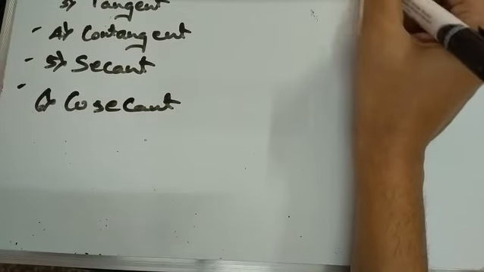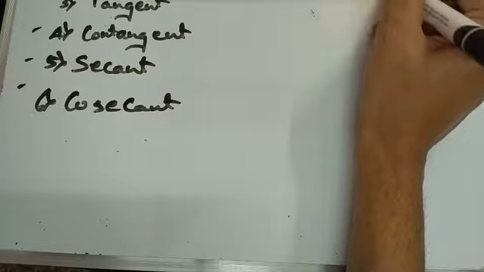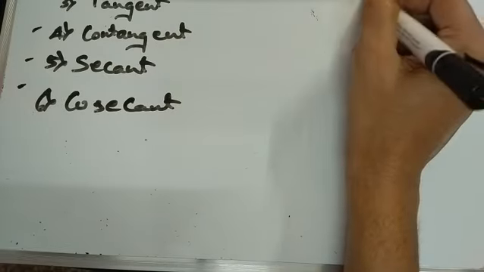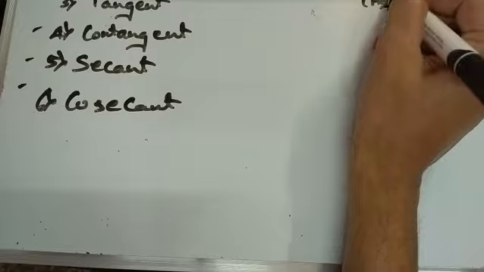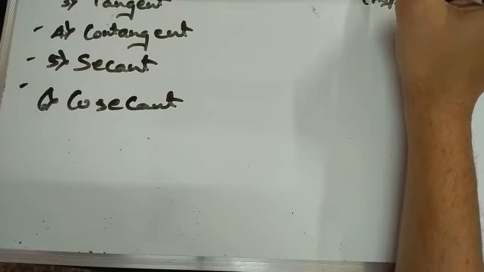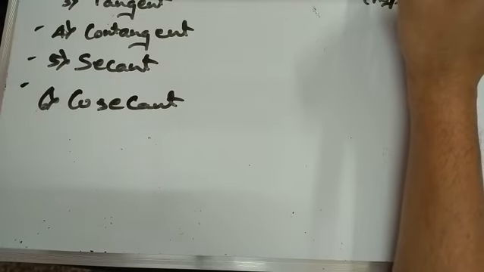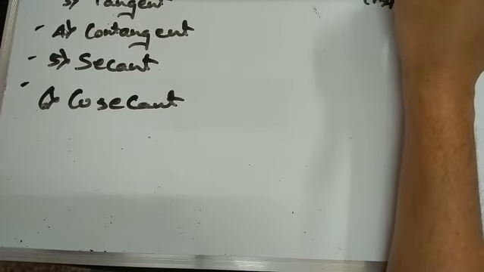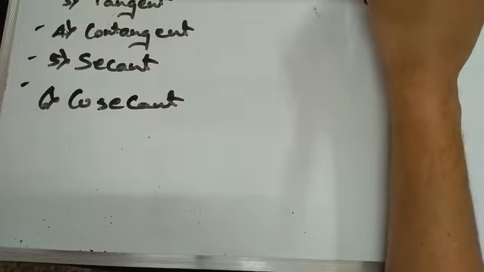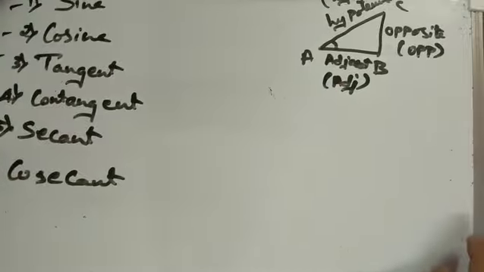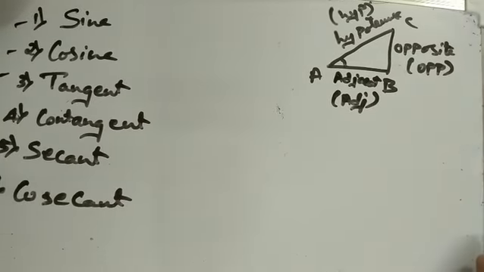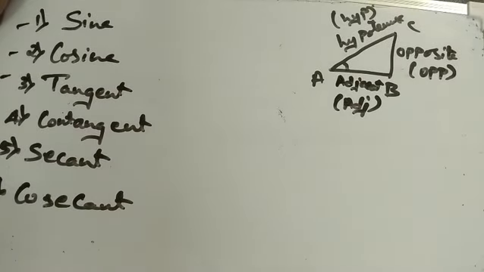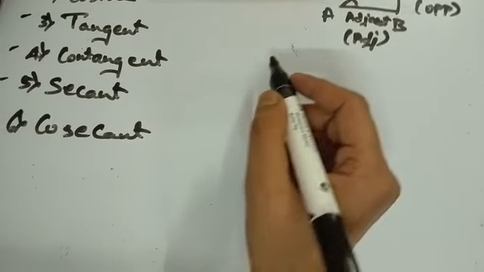The side adjacent to the angle is adjacent, acronymed as ADJ, and the longest side is called hypotenuse, acronymed as HYP. Please note down these 3 formats.